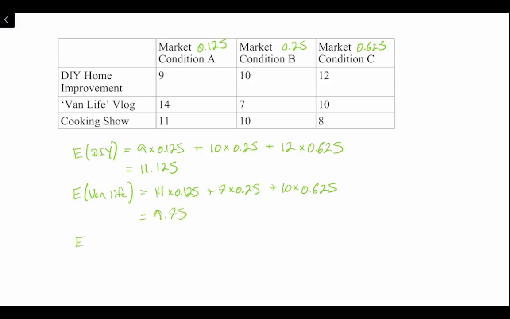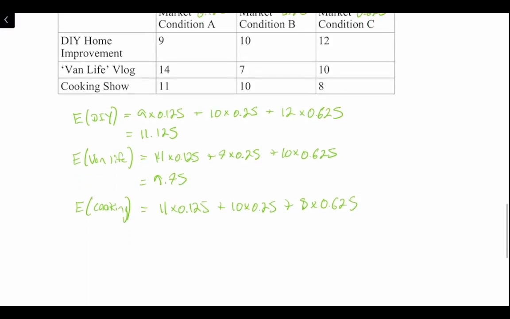And then we're going to calculate the expected value of cooking, which is 11 times 0.125 plus 10 times 0.25 plus 8 times 0.625, which gives us 8.875.